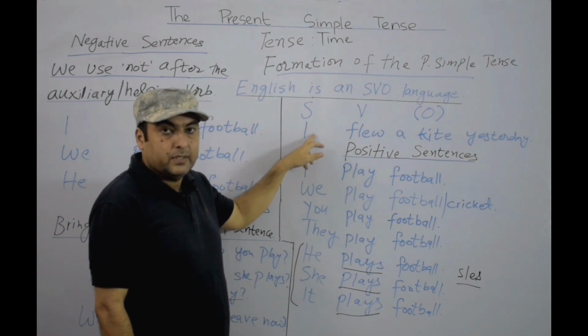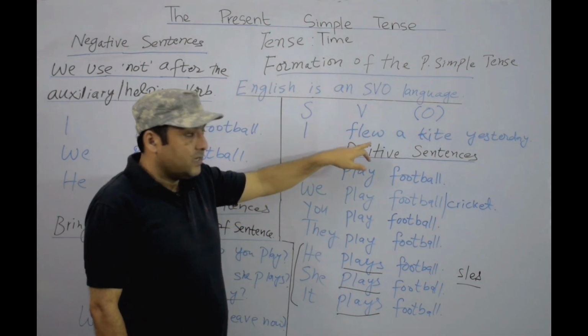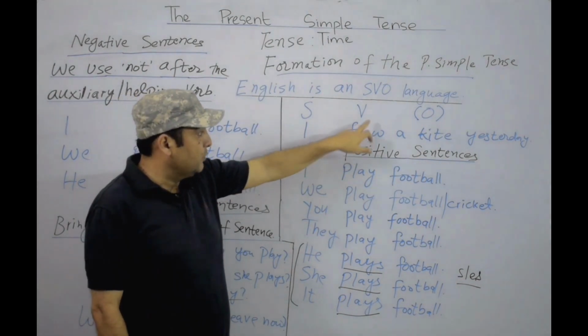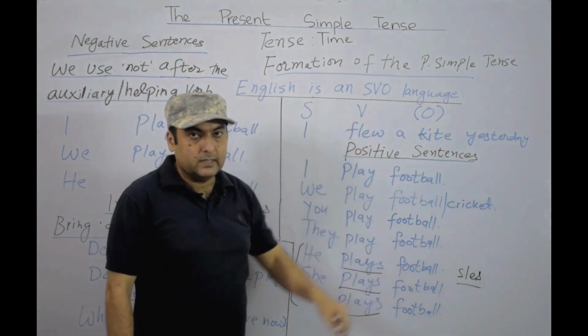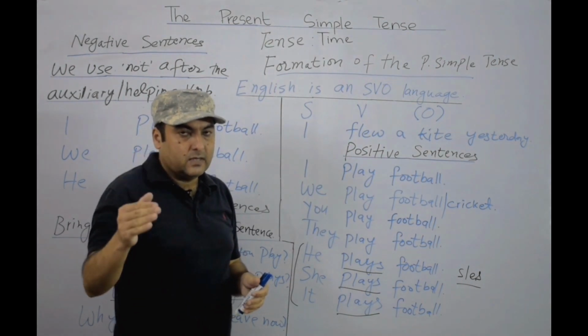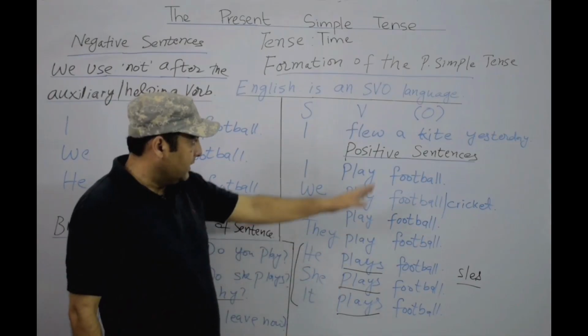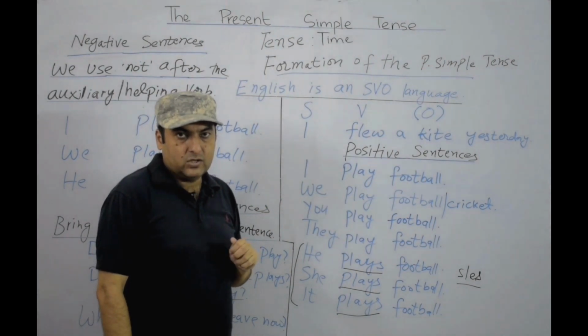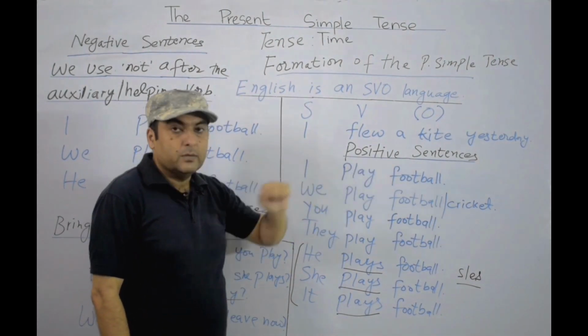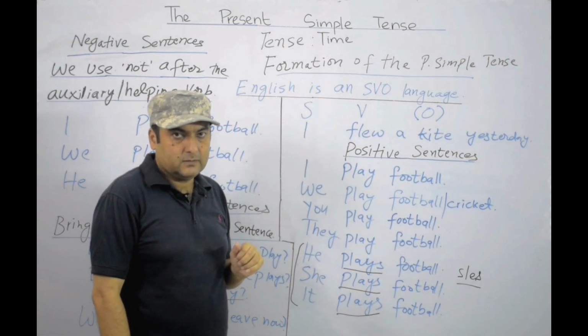So, for example, we have this sentence, I flew a kite yesterday. So, I is the subject, flew is the verb, and kite is the object. So, this is what SVO means.